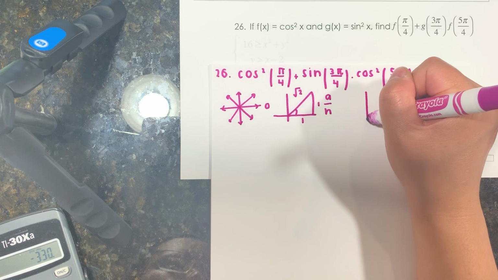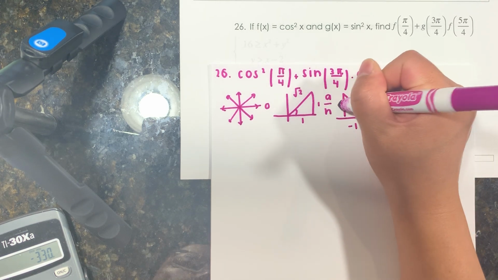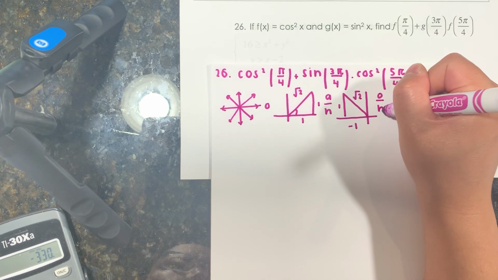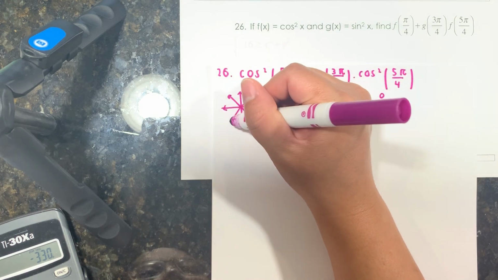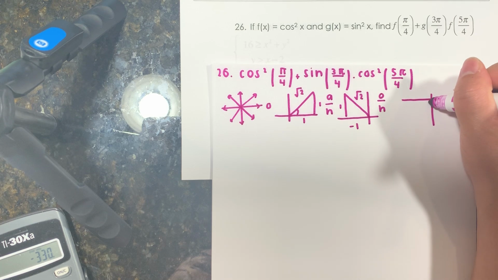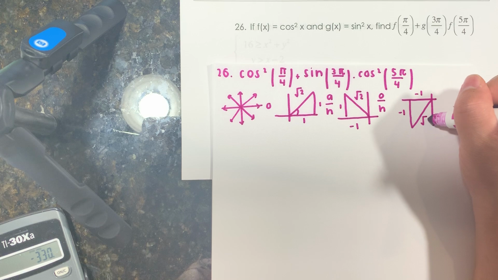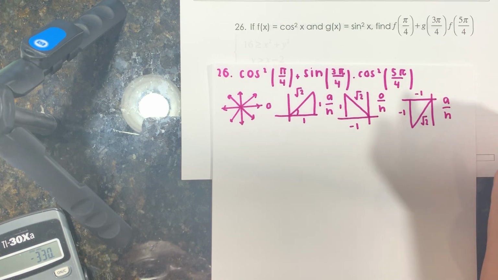That's going to be a 45-degree triangle in quadrant 2. So negative 1, 1, root 2. And that's opposite over hypotenuse. Then the last one, 1, 2, 3, 4, 5, puts me in quadrant 3. Also with a 45-degree angle. So negative 1, negative 1, root 2. And cosine is adjacent over hypotenuse.